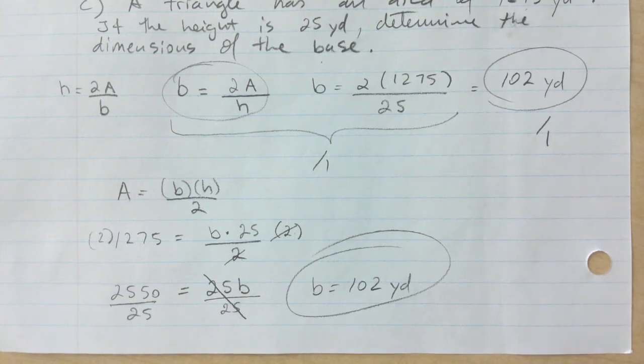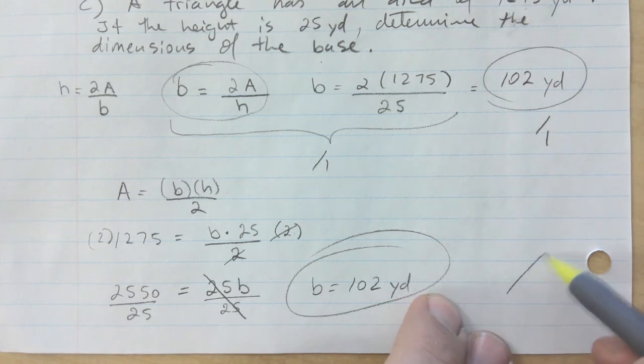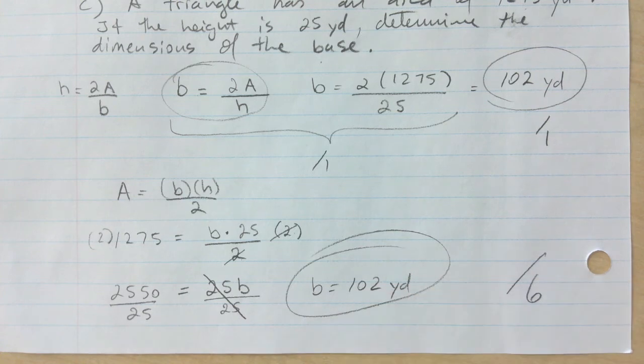Every single question is worth 2 except for 1E, where you had to find the height of the triangle. That one is worth 3. So this page right here is worth 6. So 2A, B, and C together add up to 6.